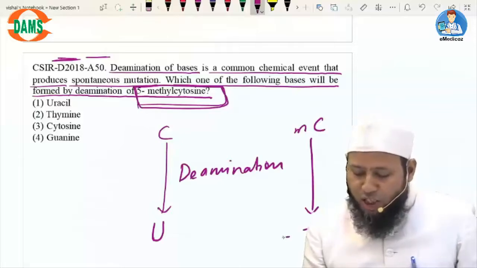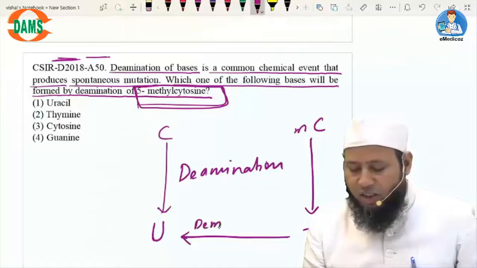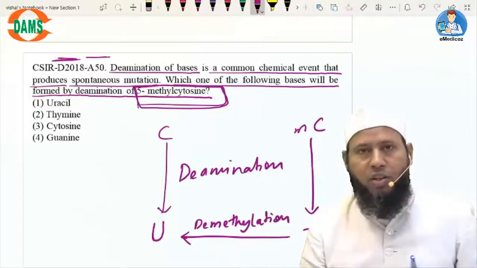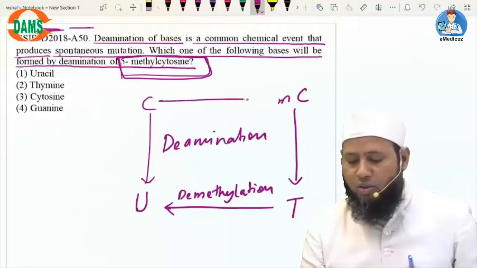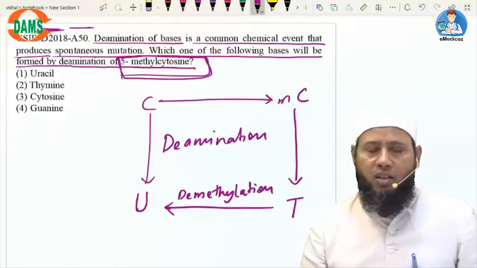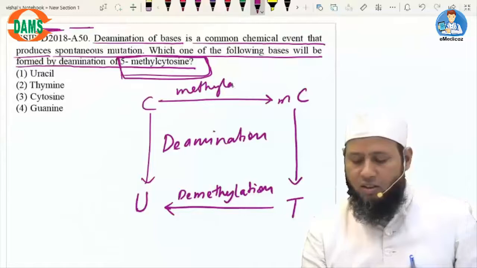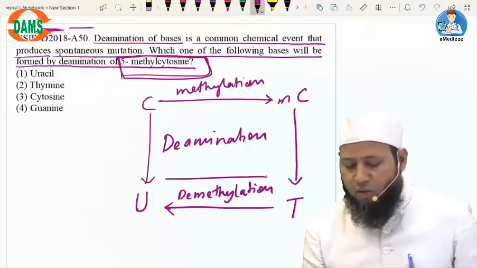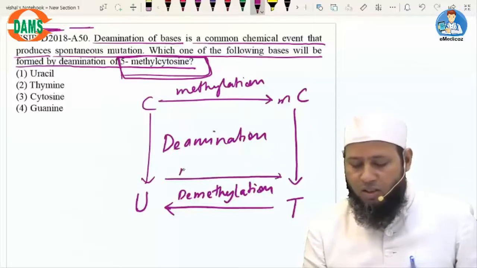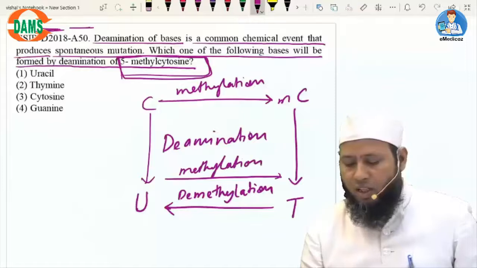And similarly, if the thymine undergoes demethylation, then it will give the uracil. And here the cytosine undergoes methylation, then it becomes the methyl cytosine. This will be the methylation. Similarly, if the uracil undergoes methylation, then it will give the thymine.